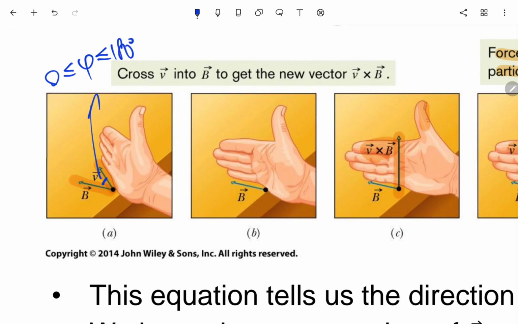So don't try to make an angle larger than 180 degrees. If you rotate the long way around, then my thumb will point in the opposite direction, so this is not correct. You need to guarantee that the angle you sweep is between 0 and 180 degrees, so that the direction of V cross B will be correct.